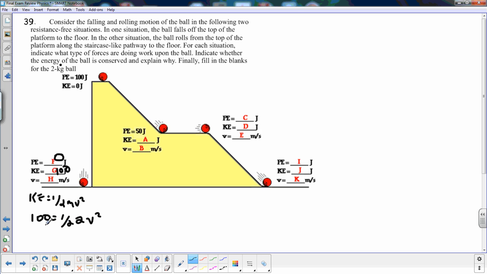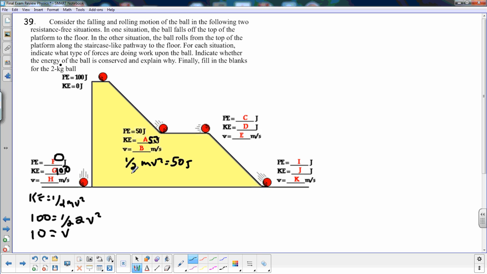Because I'm not going anywhere, that's still 50, and that's going to be 7 because it's the same. And then here 0, 100, and you'll see it's still 10. You guys did this, and we said don't worry about this, continue to not worry about that. I just don't know how to get rid of it.